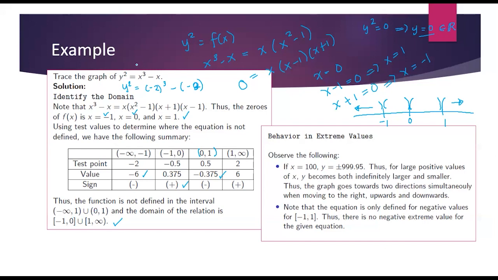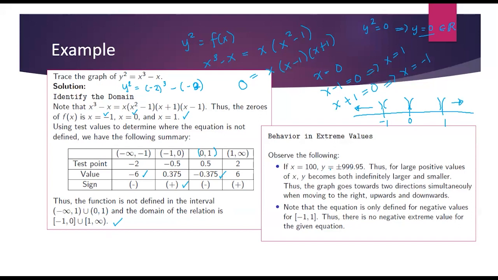So now we know the domain of our function. Let's see now the behavior using extreme values. If you consider x equal to 100, you can plug in x equal to 100 because it is defined when x reaches a very large positive number, because of this interval.